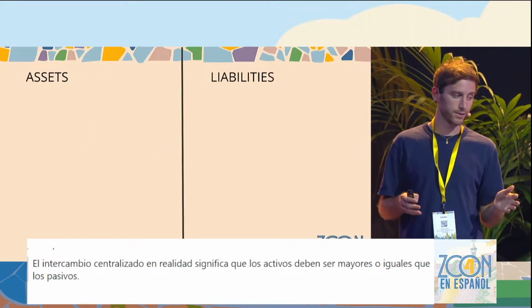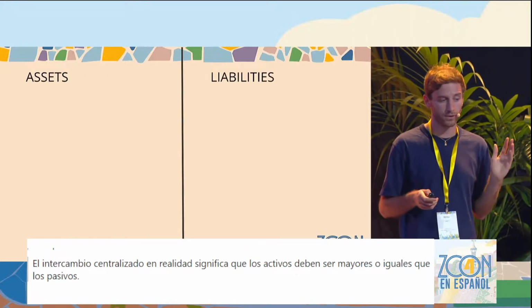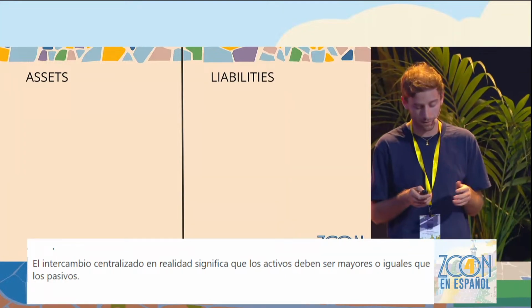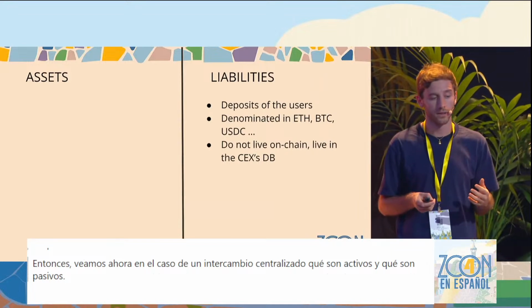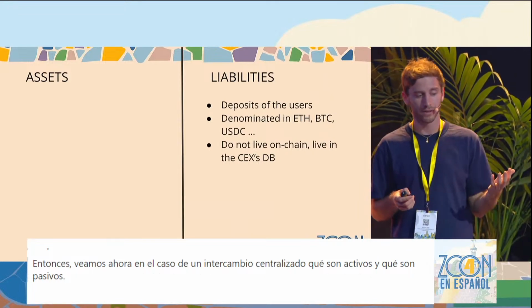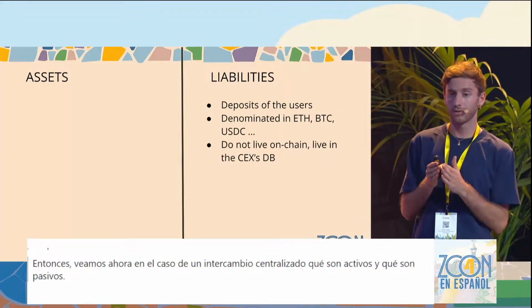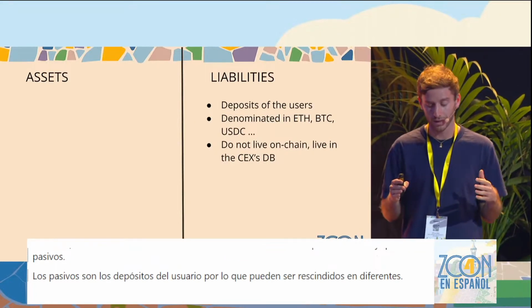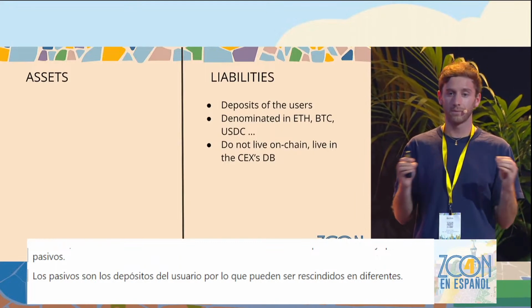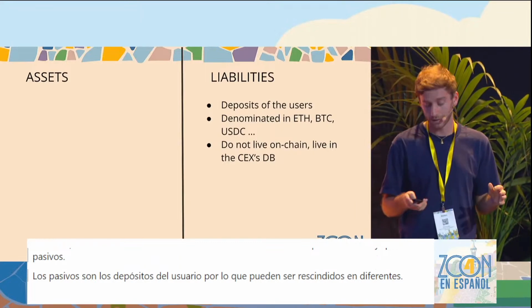So let's now see, in the case of a centralized exchange, what are assets and what are liabilities. The liabilities are the deposits of the users. They might be denominated in different cryptocurrencies, but the important thing to note here is that these deposits do not live on chain, they are only entries in the database, in the server of the centralized exchange.